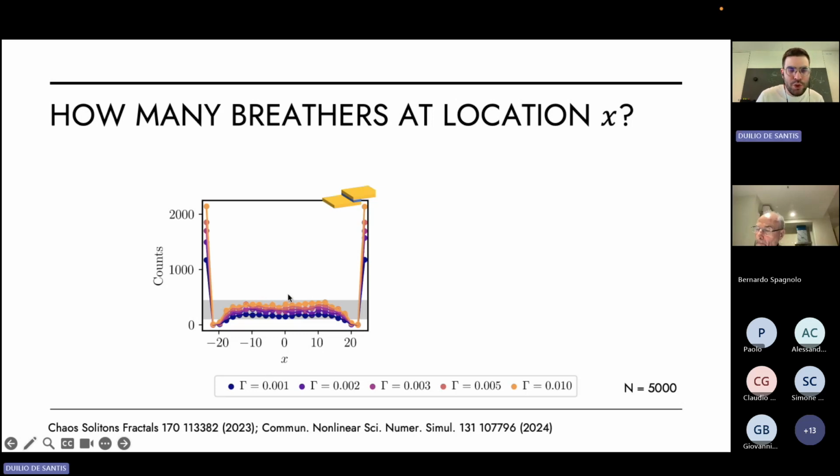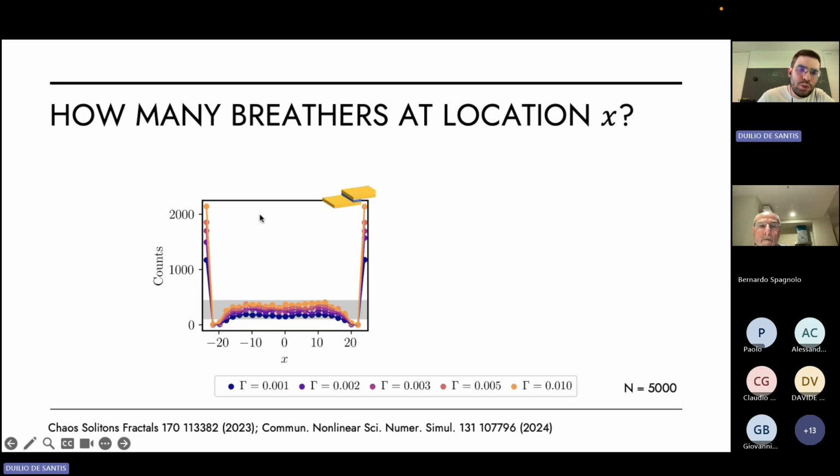By the way, here I'm showing you the number of breathers that we obtained in numerical simulations as a function of space for different noise amplitudes. What we see is that these generation probability counts are strongly peaked at the boundaries, as I was saying, and essentially this is due to so-called edge breather modes.